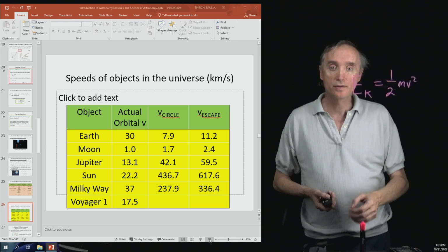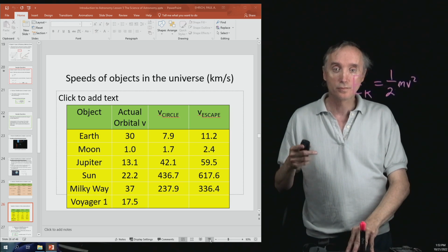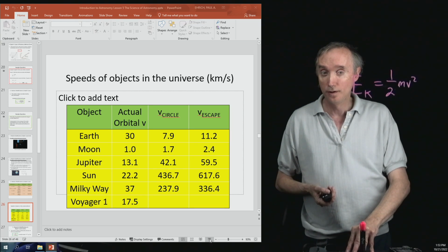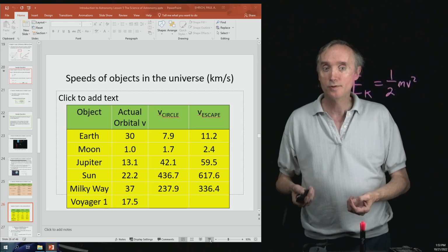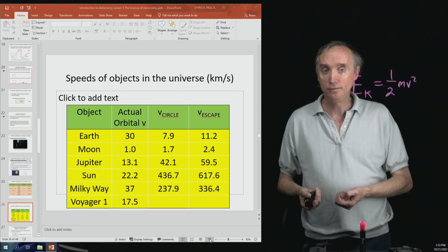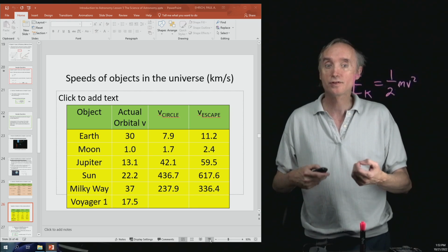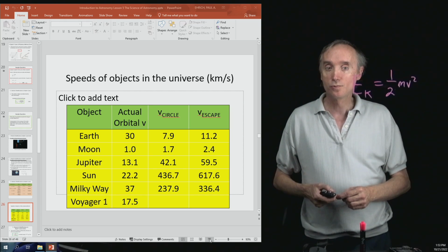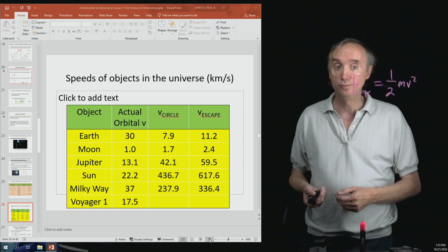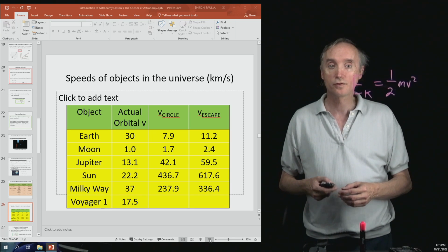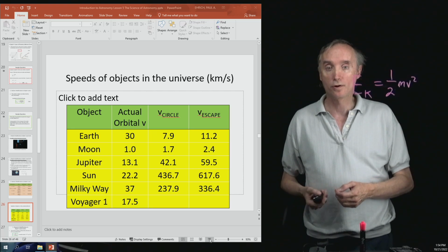Do you notice that the moon's circular speed is 1.7 and the escape speed is 2.4? So why is the escape speed less? Because it's got less gravity, so it takes less speed to escape the gravity of the moon. This is one of the reasons why we want to build a moon base: it would be easier to launch rockets from the moon than from the Earth.